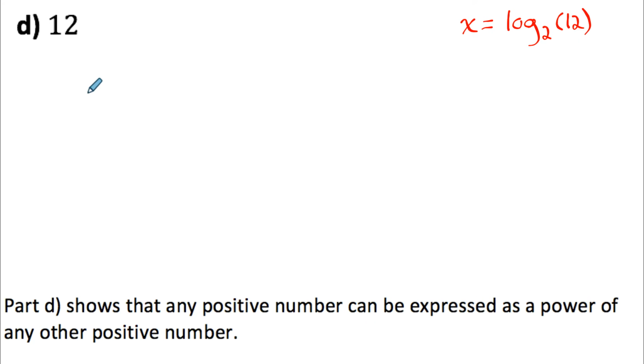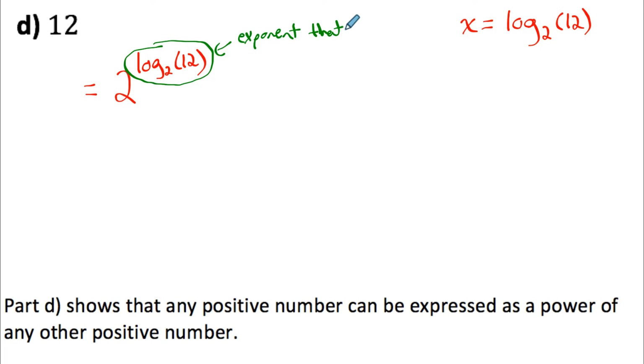So I could rewrite 12 as a base 2 power if I do 2 to the power of log base 2 of 12. If you understand logarithms, hopefully this makes sense to you. This exponent right here, log base 2 of 12, the answer to that is the exponent that goes on 2 to get 12.